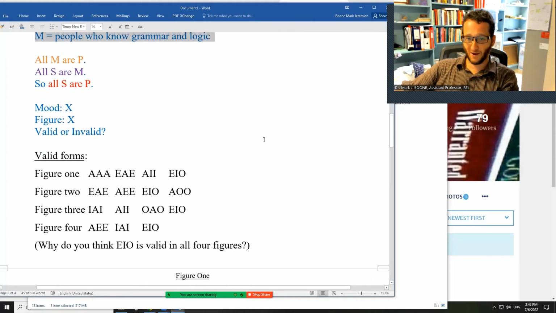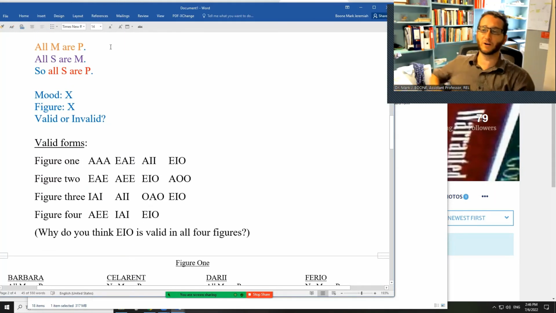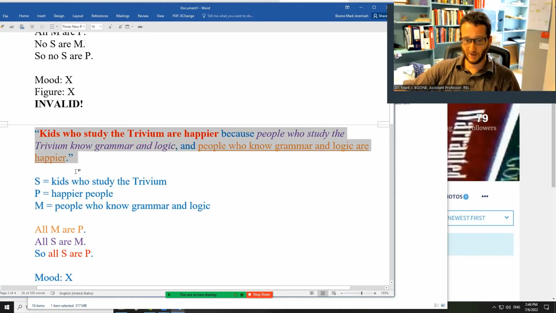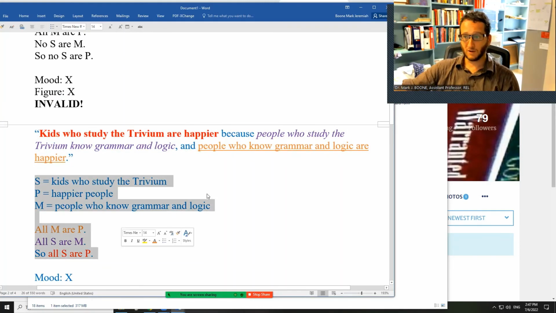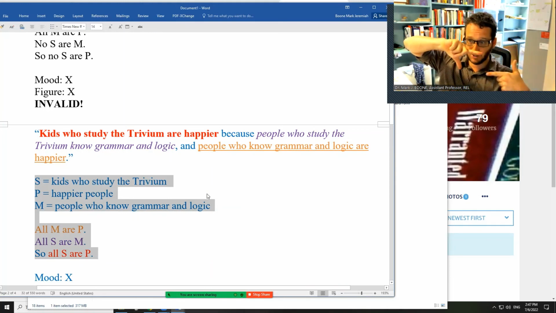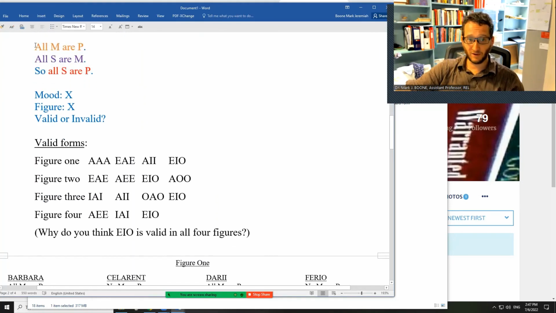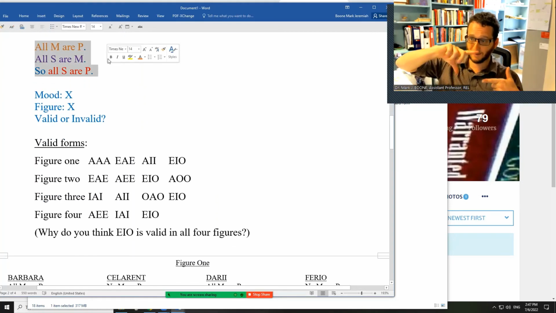Rather, just scroll down. If you properly put the argument into standard form, you've taken the original argument and given it in standard form by giving the scheme of abbreviation plus the restatement of the argument using those symbols. Once you've gotten to that point, you can ignore everything except the restatement using those symbols.